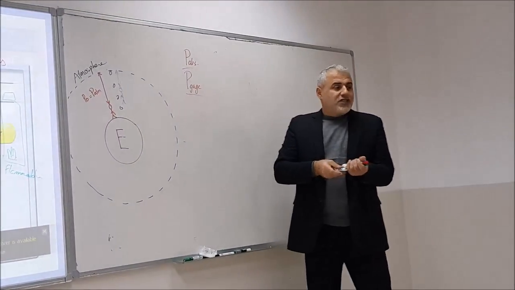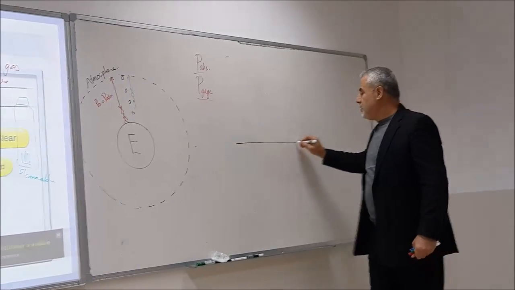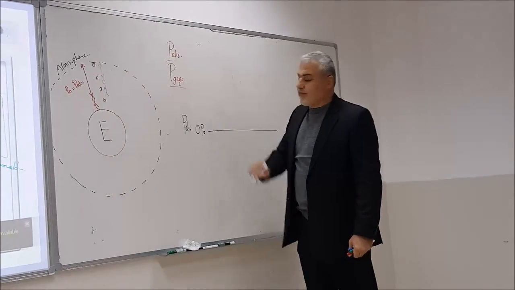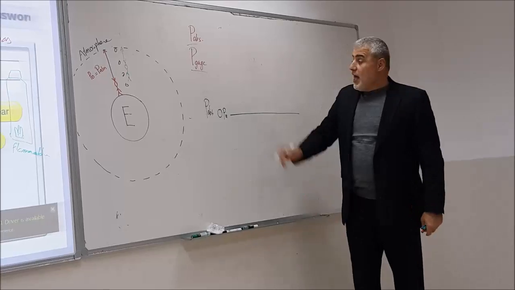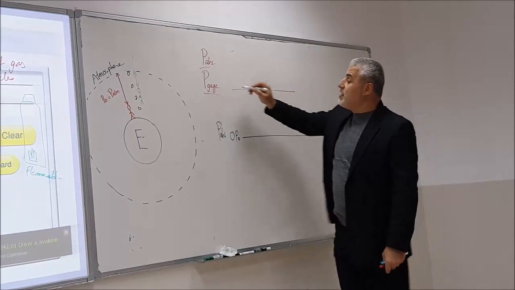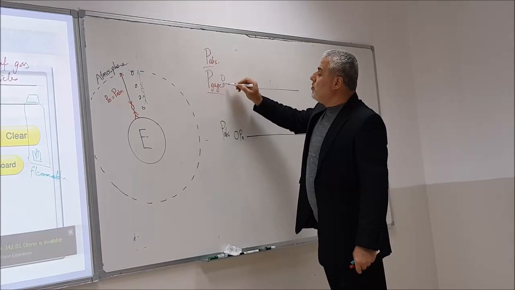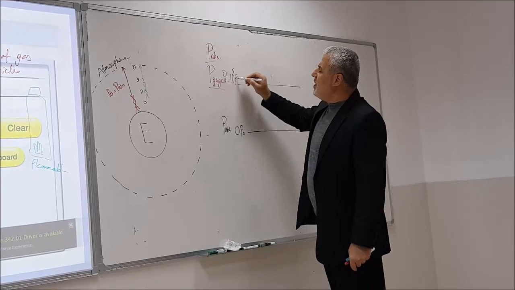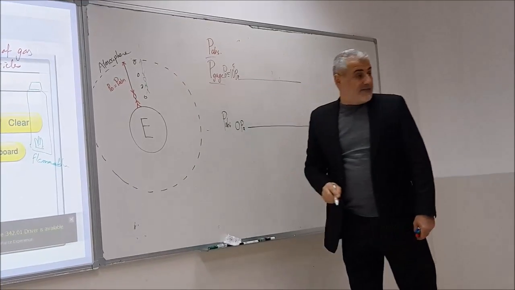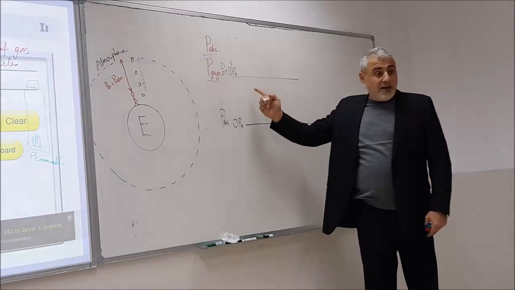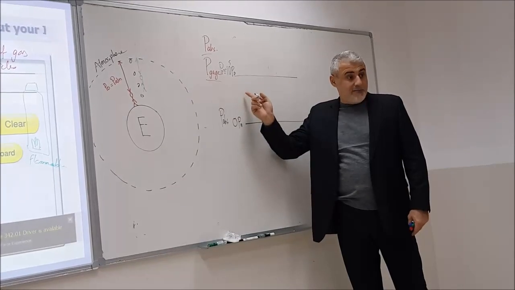Absolute pressure: I will make a scale for you. 0 Pascal. And we have the atmospheric pressure, P naught, which is around 10 to the power 5 Pascal, which is 100,000 Pascal.